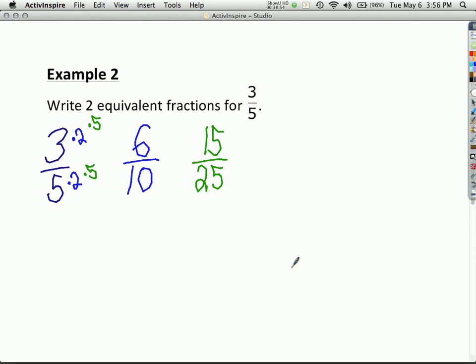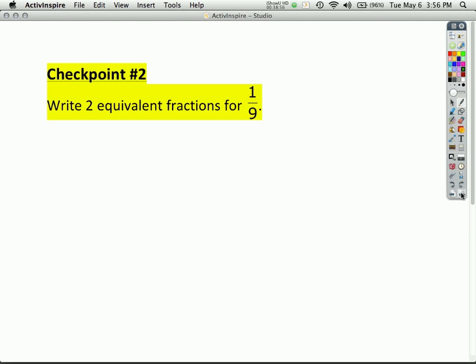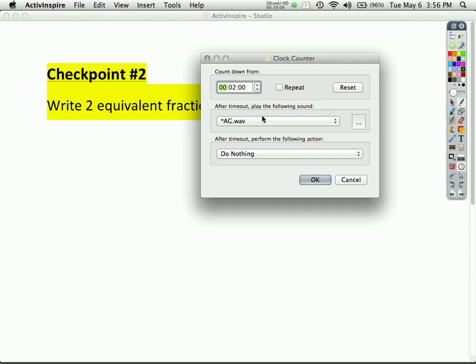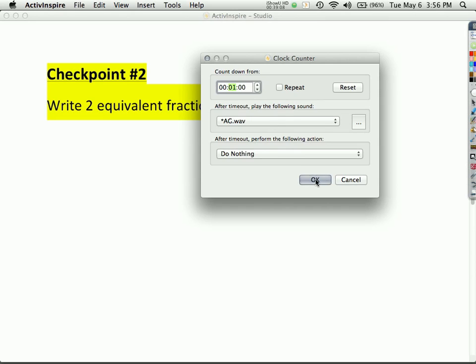Okay, good. So let's see how you do on your own with that idea. Checkpoint number 2, write 2 equivalent fractions for 1/9. So we got 2 minutes. We don't need 2 minutes. Take a minute.